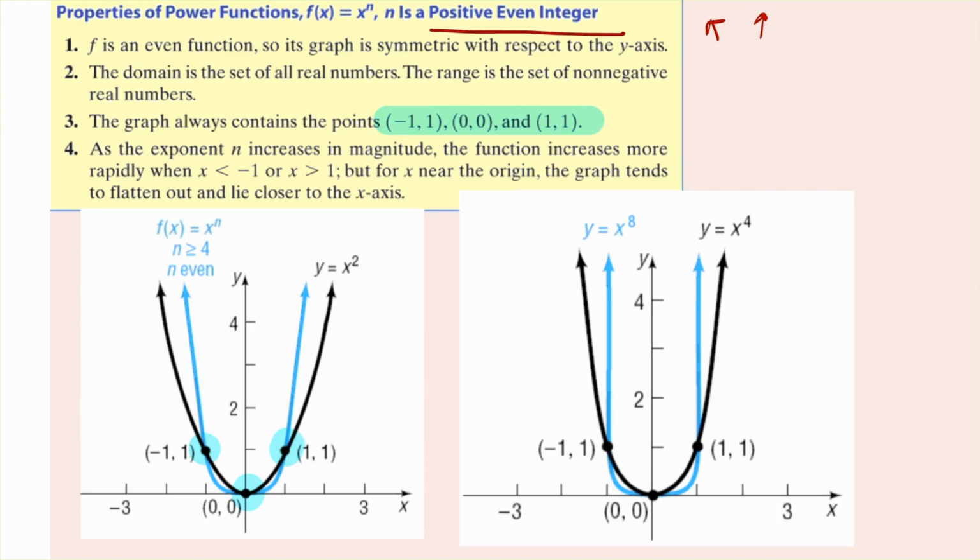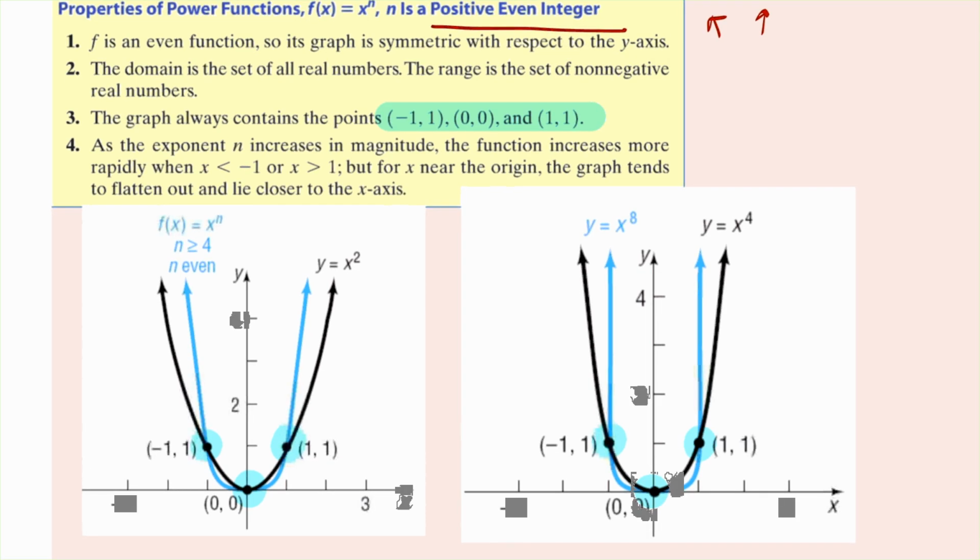So 0, 0 is a point it's going to go through. If you take negative 1 to any even power, negative 1 squared is 1. Negative 1 to the fourth is 1. Negative 1 to the eighth is 1. Likewise, 1 to any power is 1. So that's why it goes through those 3 points.